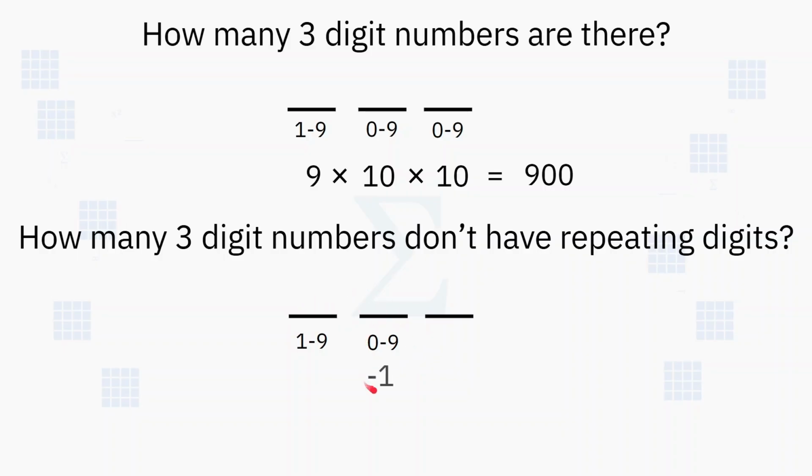So we subtract 1 from the total, because it can't be this. Now the ones digit is also 0 through 9, except here it can't be the tens digit or the hundreds digit. So we would subtract 2. So we have 9 possibilities for this, 9 possibilities for the tens digit, and 8 possibilities for the ones digit. We multiply all of those together to get 648 as the unwanted amount.